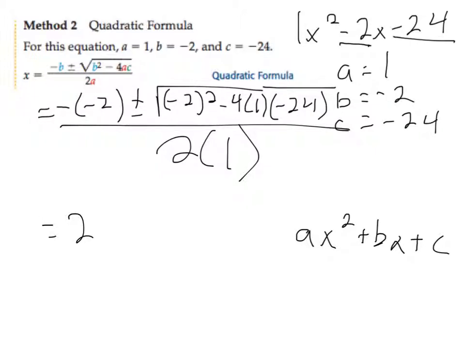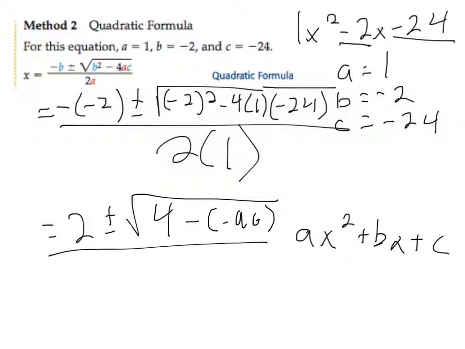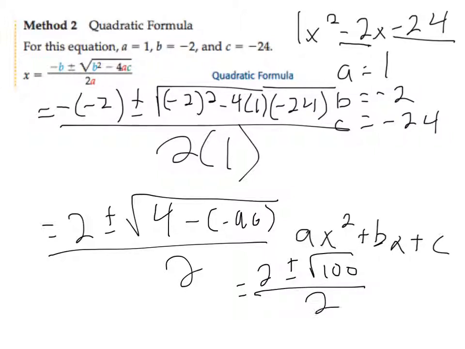Negative 2 becomes positive 2, plus or minus the square root of 4 minus 4 times negative 24 times 1, which is negative 96, divided by 2, which then becomes 2 plus or minus the square root of 100 divided by 2.